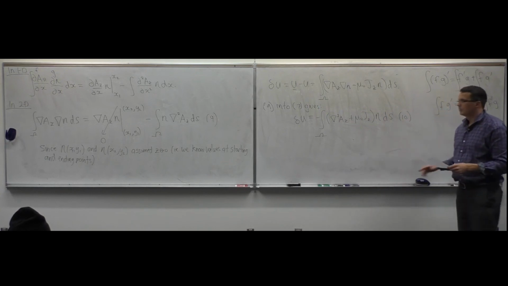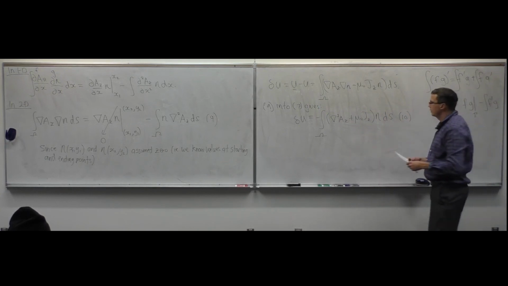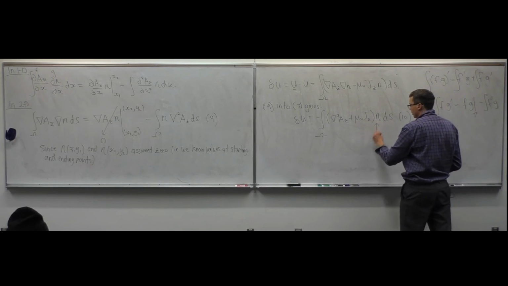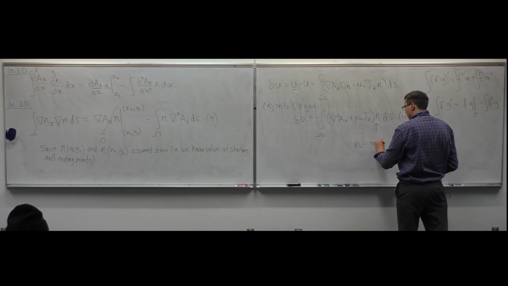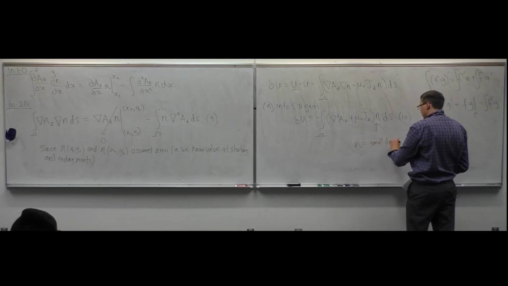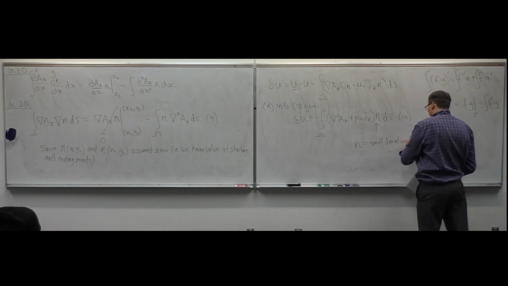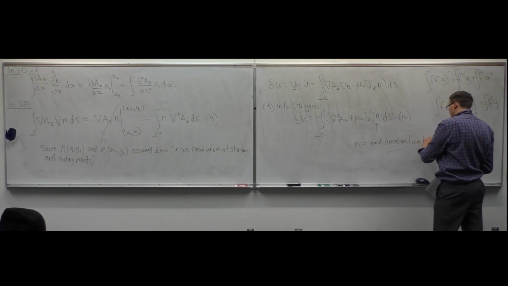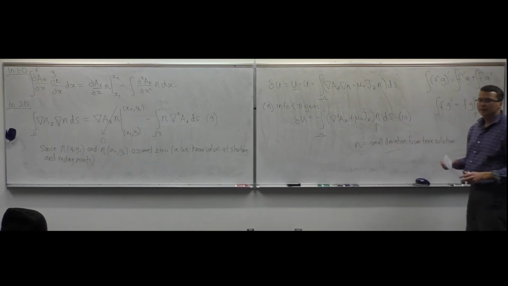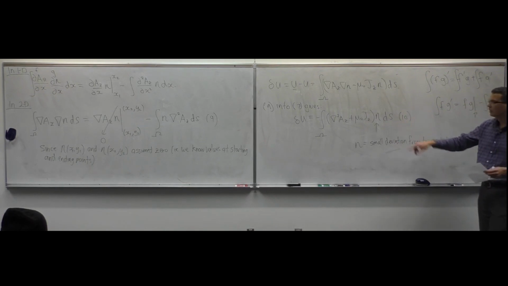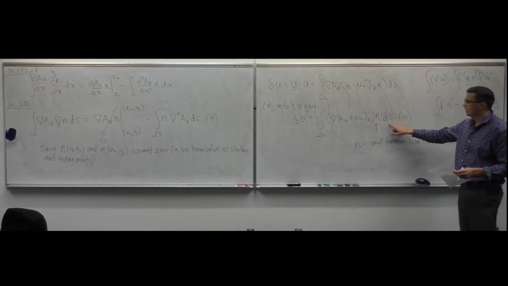Okay, so n, remember, is a small deviation from the true solution. And after all of that kerfuffle, we've got this equation now.